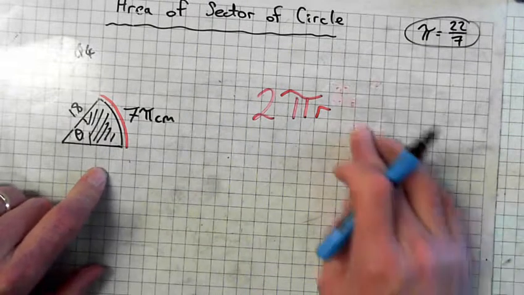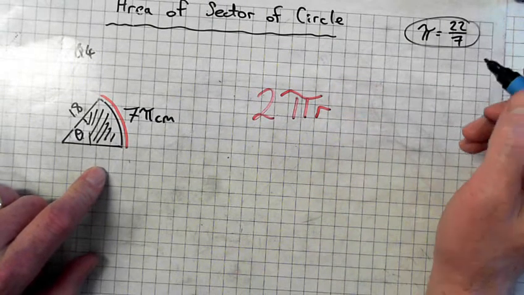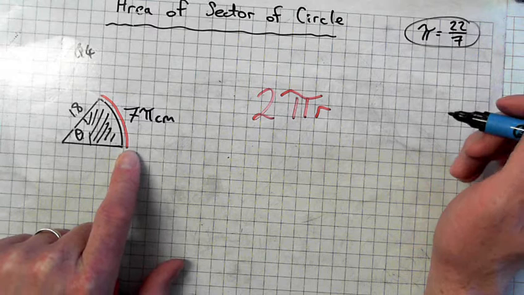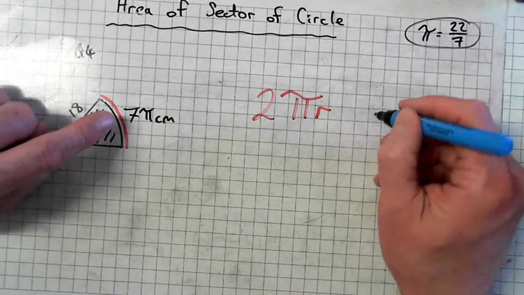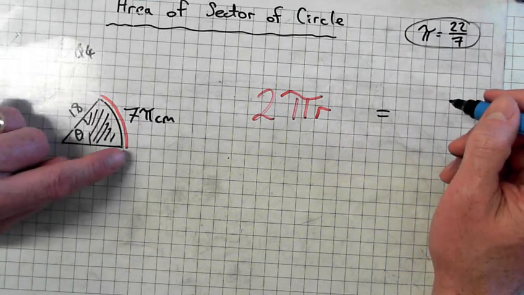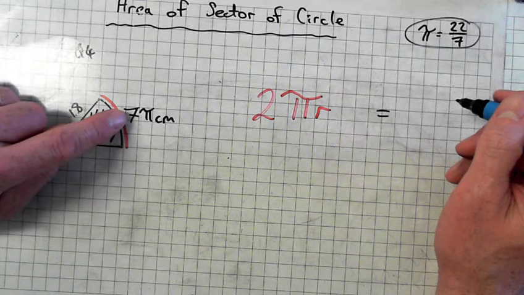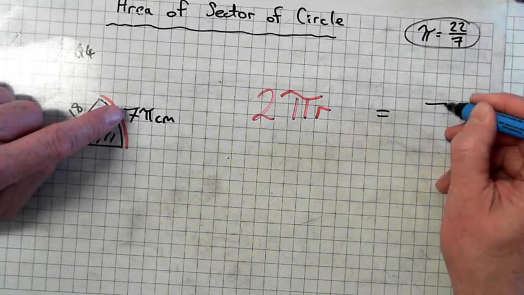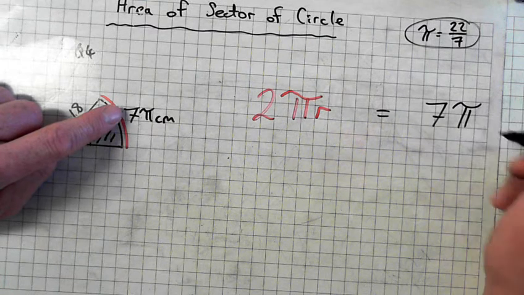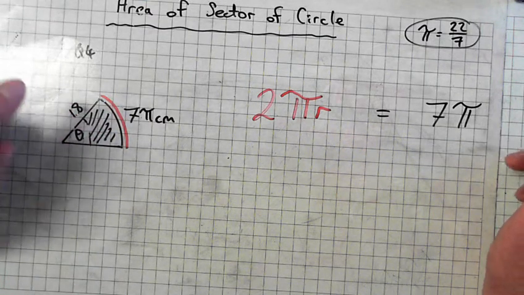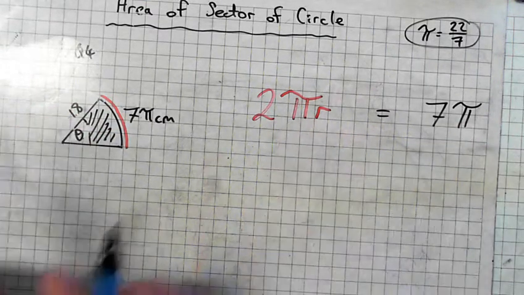So what do we know? We know that the length of that arc there is 7 pi. We'll fill in what we do know.